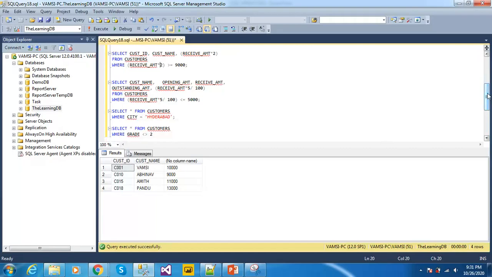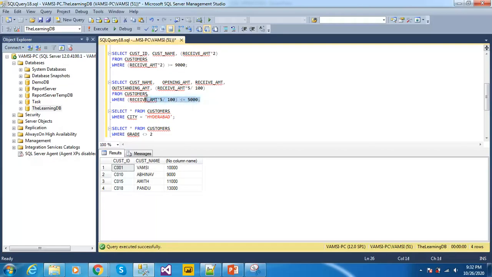Now let us see how division works in SQL. Again, I have selected the columns customer name, opening amount, receive amount, outstanding amount, and receive amount multiplied by 5 and divided by 100. Here I am using two operations, multiplication and division, from the table customers where receive amount multiplied by 5 and divided by 100 is less than or equal to 500.